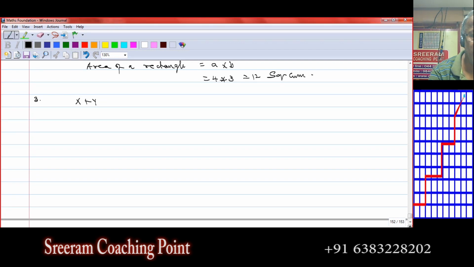x plus y equal to 56, 3x minus 1 by 3y equal to 48.